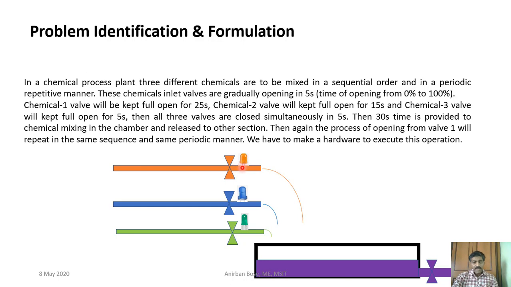So if we can control the brightness of an LED by giving signals to this LED, the similar kind of signals we can give also to the DC motor, and accordingly the DC motor will operate the valves. So that is possible. So the basic process will be exactly the same.